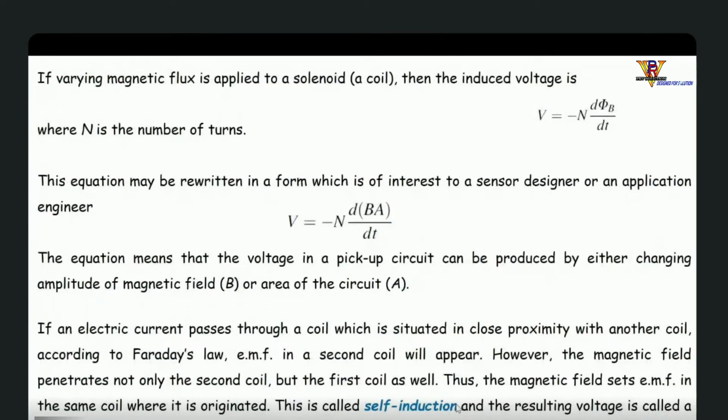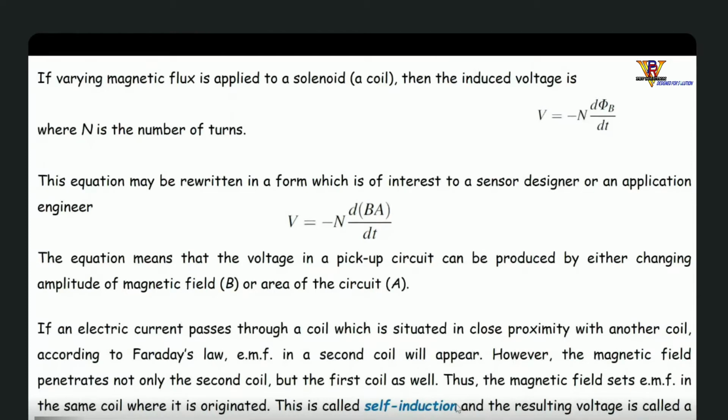Now, what can we observe from this? If a varying magnetic field is applied to a solenoid, a solenoid is nothing but a helical type of wire, meaning a coil. Then the induced voltage may be expressed as V equals minus N d phi B by dt, where B is the magnetic field, phi is the flux associated with this field, and N is the number of turns the coil has.